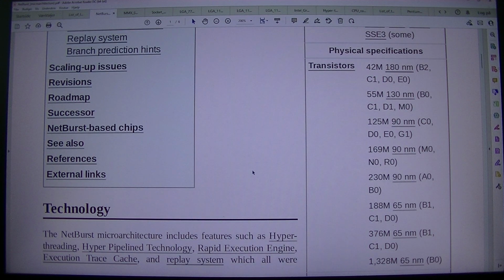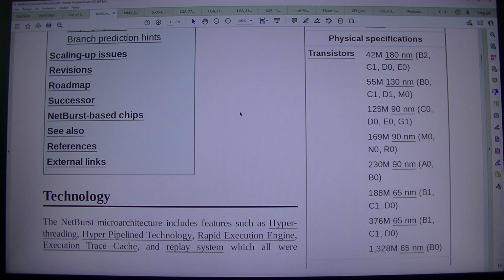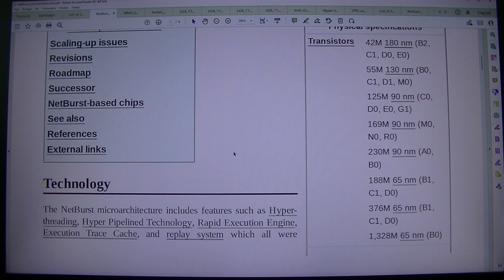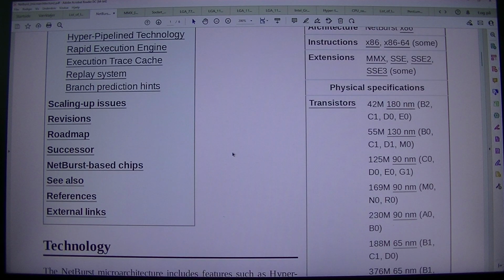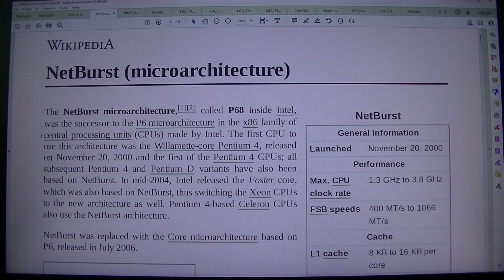Physical specifications, transistors: 42M, 180 nm, B2, C1, D0, E0. 55M, 130 nm, B0, C1, D1, M0. 125M, 90 nm, C0, D0, E0, G1. 169M, 90 nm, M0, N0, R0. 230M, 90 nm, A0, B0. 188M, 65 nm, B1, C1, D0. 376M, 65 nm, B1, C1, D0. 1,328M, 65 nm, B0.